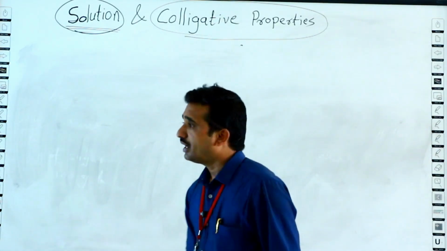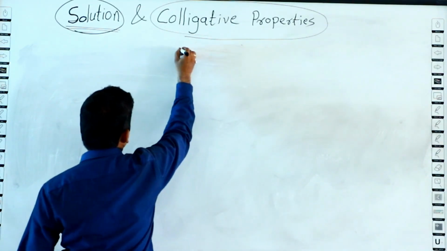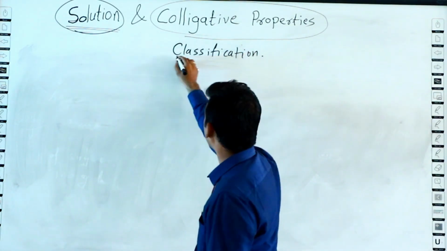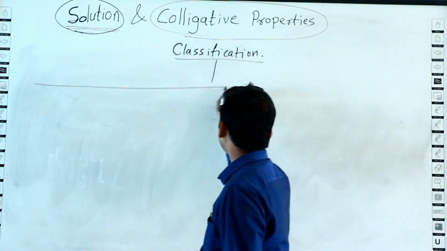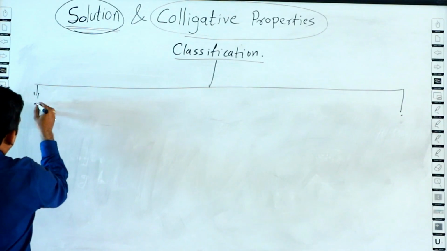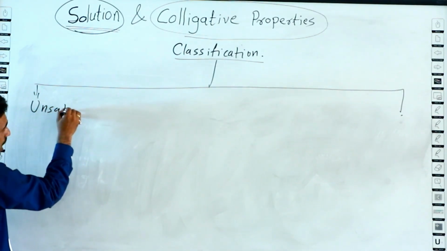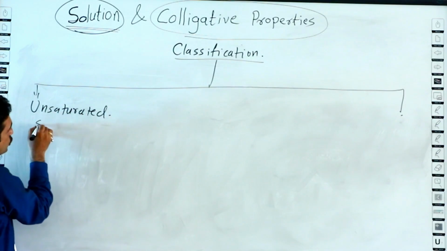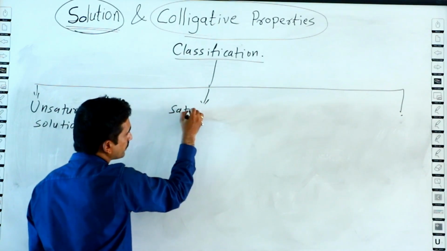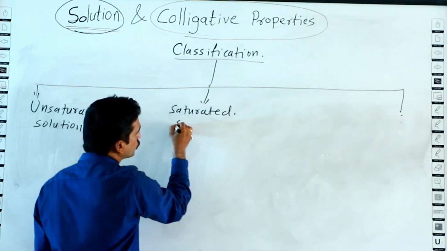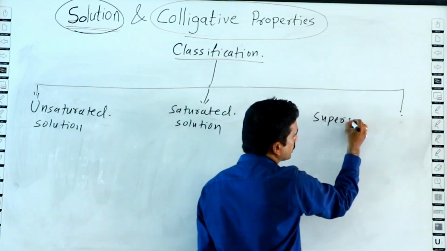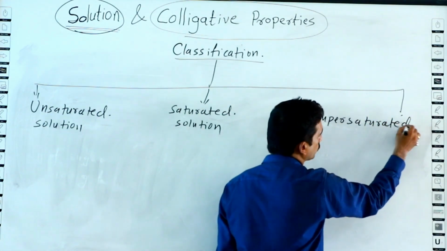Then the next classification of solution: this one is unsaturated solution, the second one is saturated solution, and the third one is supersaturated solution.